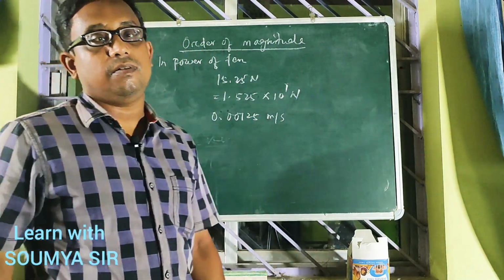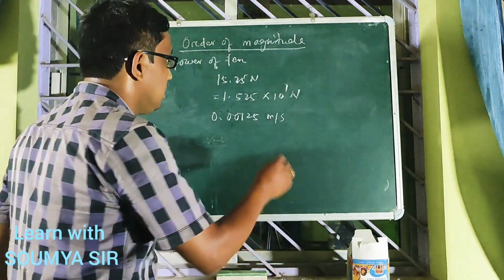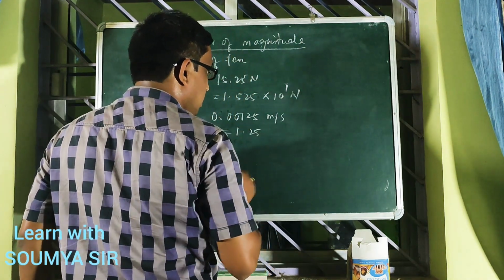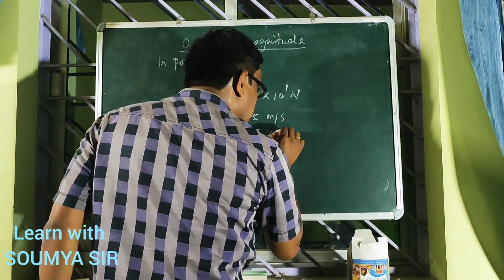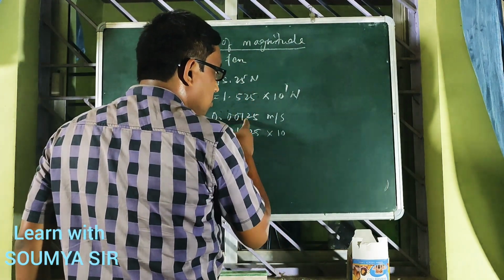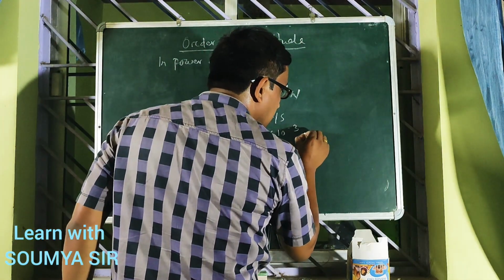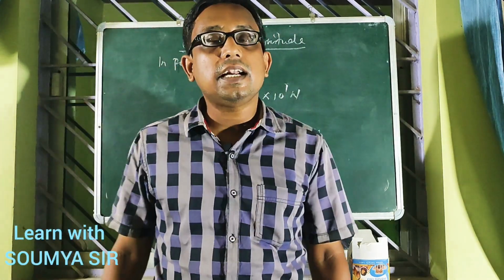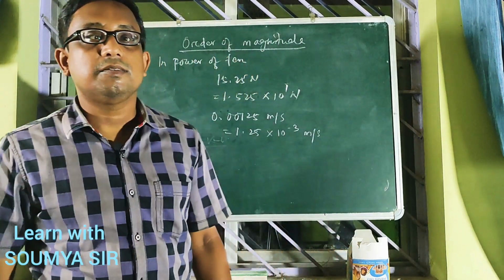It is not the standard form. You will write 1.25 into 10 to the power minus 3 meter per second. This is the standard form of writing the physical quantities.